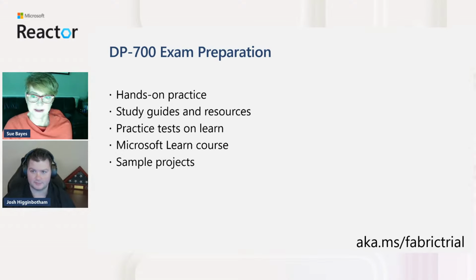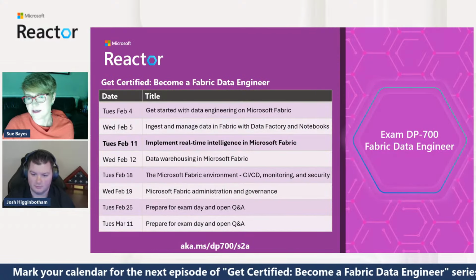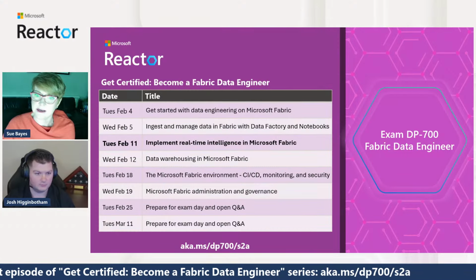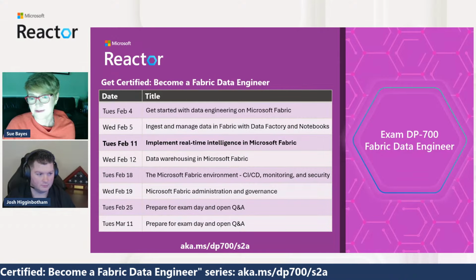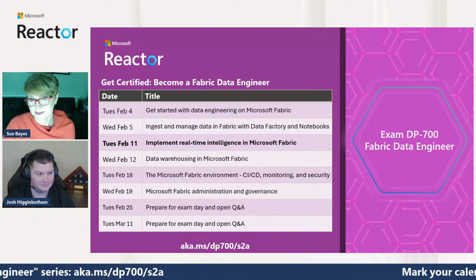Yeah, definitely. I'd agree. So I hope you've enjoyed the session. We're just going to run through the finishing slides now, and then we'll move on to questions. So just to iterate, what you've sat through today is we've looked at ingesting and managing data in Fabric with Data Factory and notebooks. Next Tuesday, you've got implementing real-time intelligence, which is going to be brilliant. And then we have data warehousing.